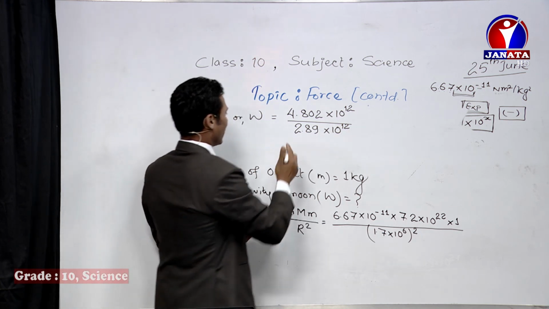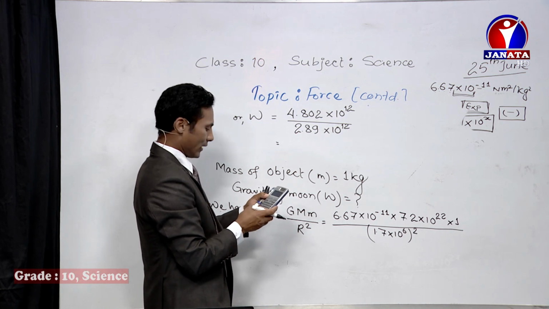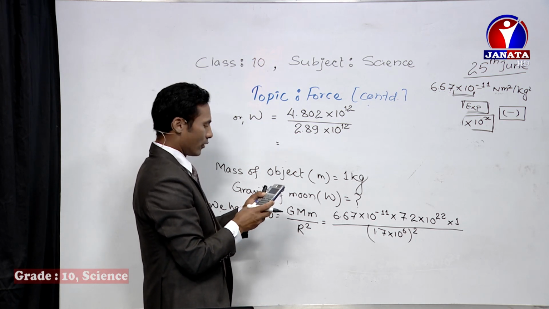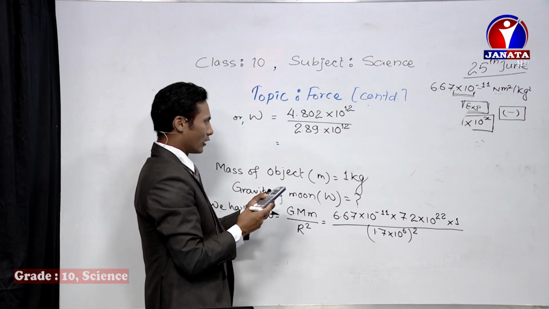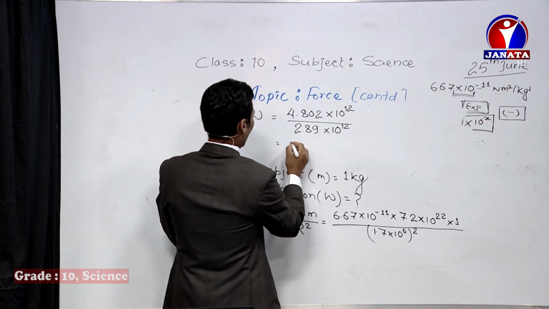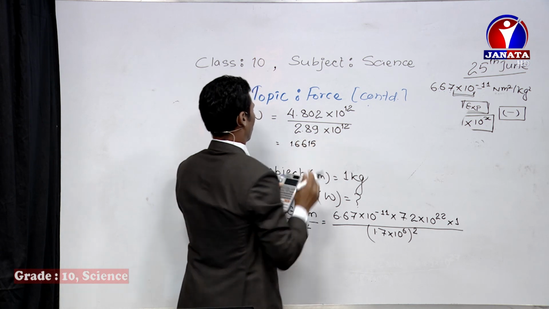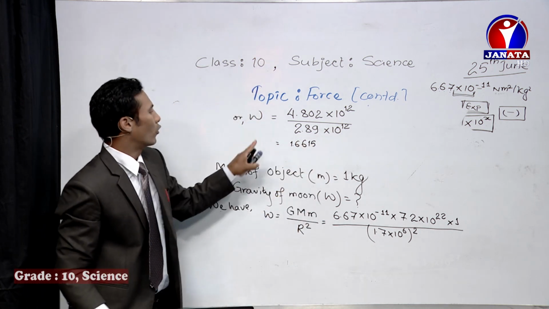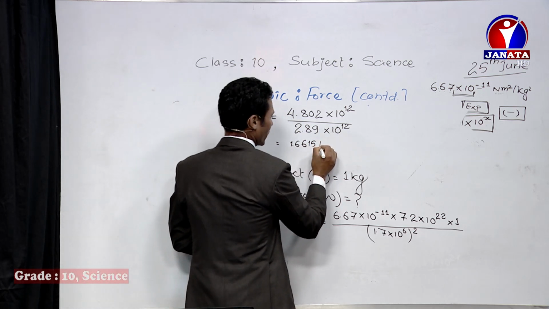Now let's divide this: 4.802 into 10 to the power 12 divided by 2.89 into 10 to the power 12. It gives the value 1.6615. It is the weight, so the unit of weight is Newton.